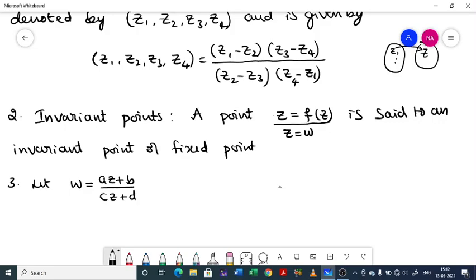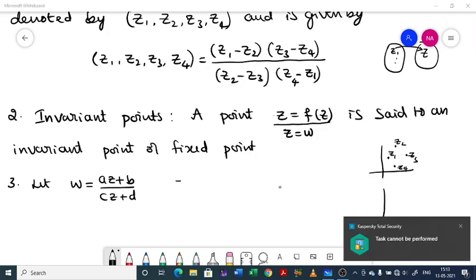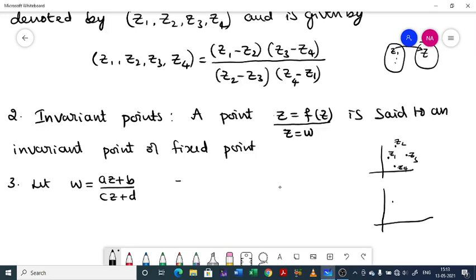Now z1, z2, z3, z4: this is the z plane, here we will be having 4 points z1, z2, z3, z4, and here we will be having their corresponding images w1, w2, w3, w4.